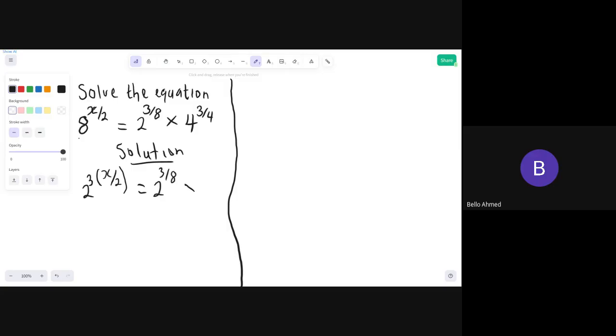Then times, this 4 is actually 2 raised to the power of 2. But that 4 has 3 over 4, so I'm going to put open bracket 3 over 4.